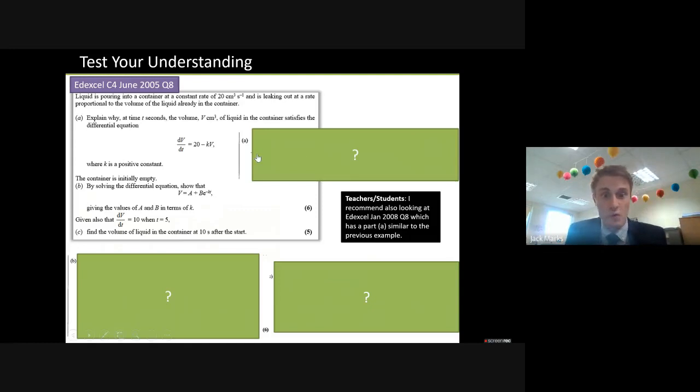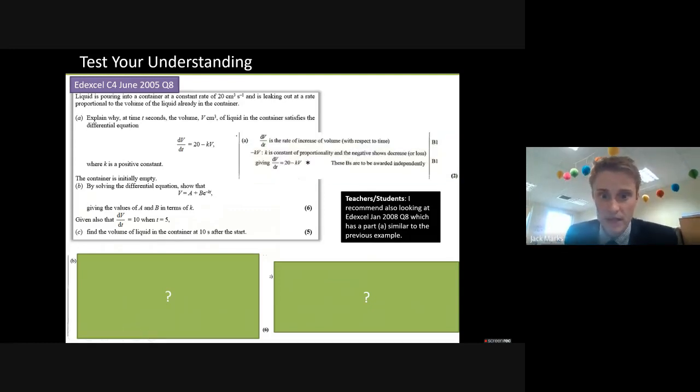Okay, so for part A, dV/dt is the rate of increase of volume with respect to time. Why does it look like this? Well, there's some water, I believe, in this one pouring in. So that's pouring into the container, whereas the proportional part, this bit here, is out.